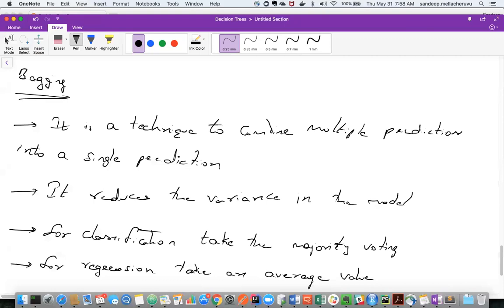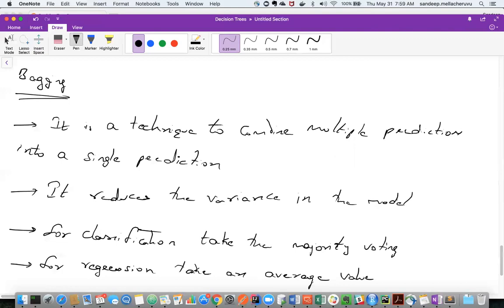If many people are accepting the same answer, even if you change a little of your training data set, your final answer is going to be the same, because you're taking the majority, because hundreds of trees are coming up. It's not one tree I'm talking about. So even if you change the training data set a little, your answer is not going to vary too much. It might vary sometimes, but the change is not going to be too much.